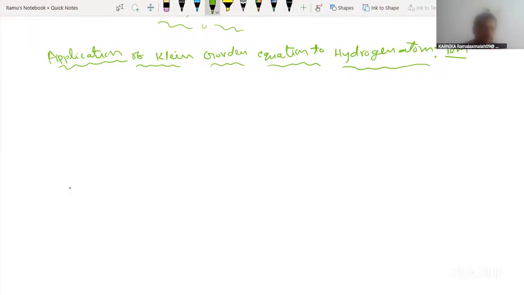In order to understand the fine structure of the hydrogen atom, it is necessary to understand the relativistic and non-relativistic expression for the energy of the hydrogen atom.